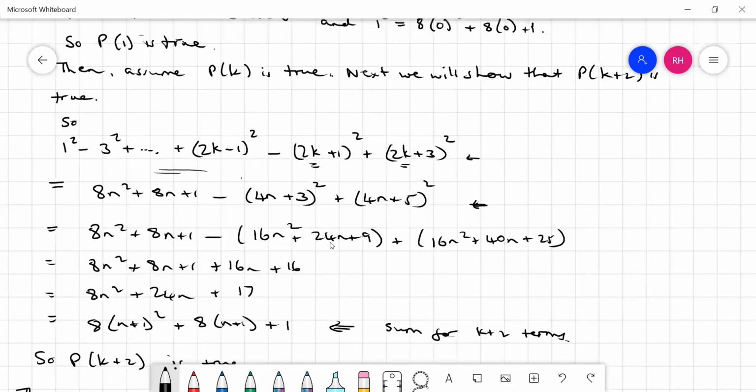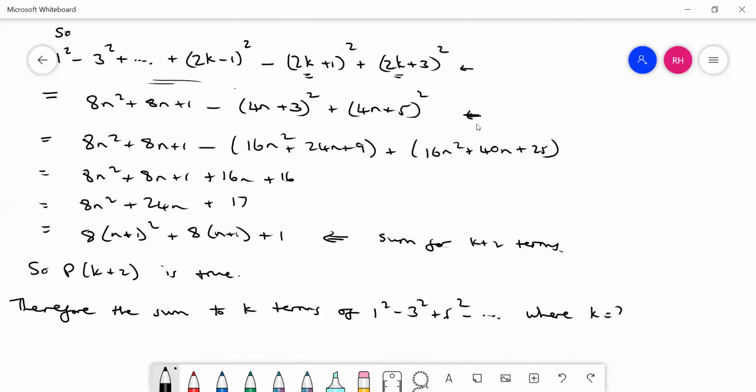Yeah, where k equals 2n plus 1, is 8n squared plus 8n plus 1. And if you want, you could put by induction.